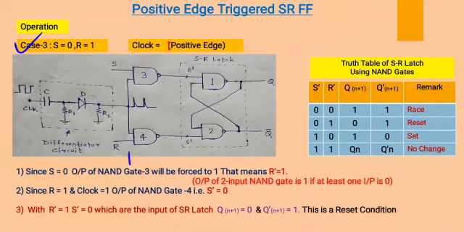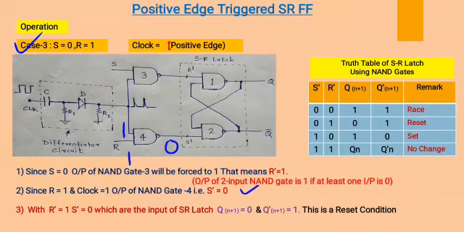Here R is 1 and the clock input is also 1. So if we recall the truth table of the NAND gate, the NAND gate outputs a 0 when both the inputs are 1 1. Therefore the output of NAND gate 4 will become 0, by which S dash is going to become 0.